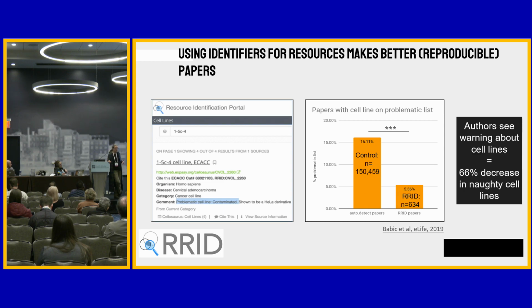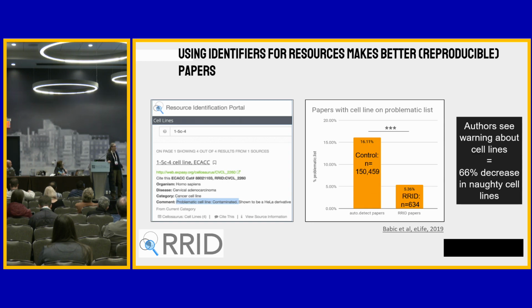And the question that she asked is, if somebody knows about those issues before they publish the paper, even if that RRID mention, which is right here, this is the web page that somebody would search. They would do their searching, and they would copy and paste that RRID. But right down there, what it says is problematic cell line, contaminated.